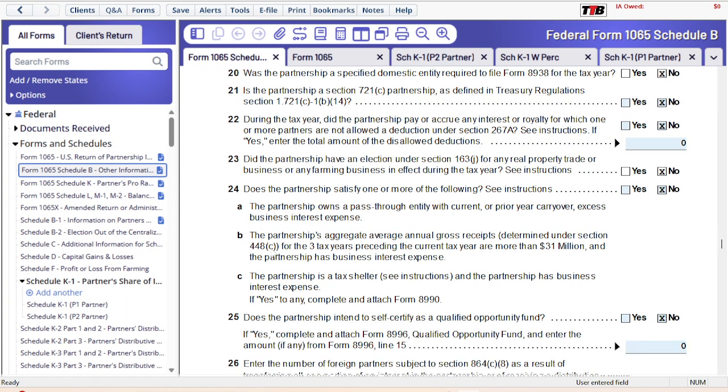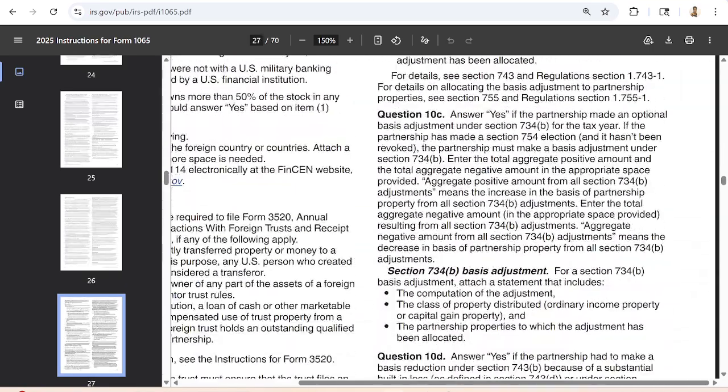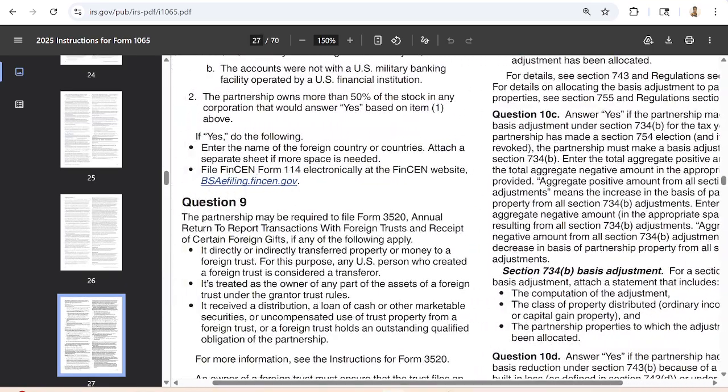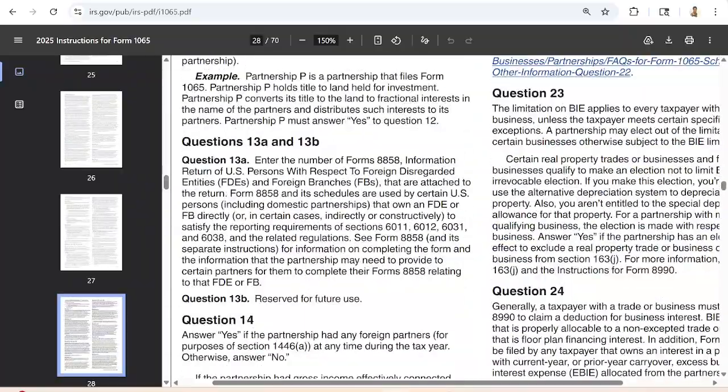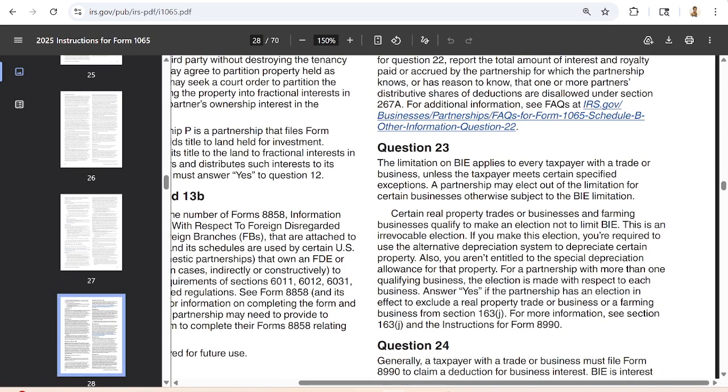Does the partnership satisfy one or more of the following? And again, if this line 23 is ambiguous to you, you just come here and let's look for line 23. Here, you can just read about it. If you make an election, they say to see the instructions for Form 8990.